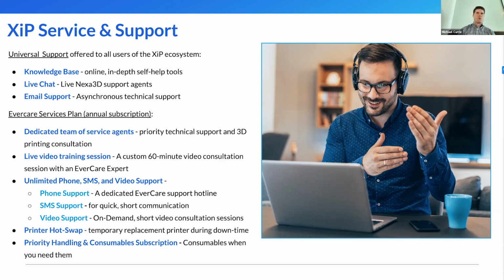And then for teams that want additional levels of support, we have an Evercare services plan, and that gives you a dedicated set of agents, onboarding training, and contact with us in any format you want: phone, video, SMS. We'll work to whatever works best for you. It includes a printer hot swap, and also priority handling and consumable subscription.